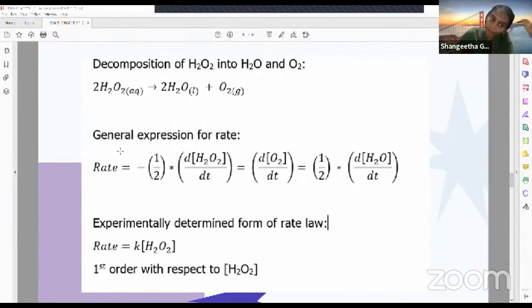Now, if you remember from the previous lesson, when you want to write a general expression for rate, you have to consider that your H2O2 is decomposing, so you have a stoichiometry of 2.